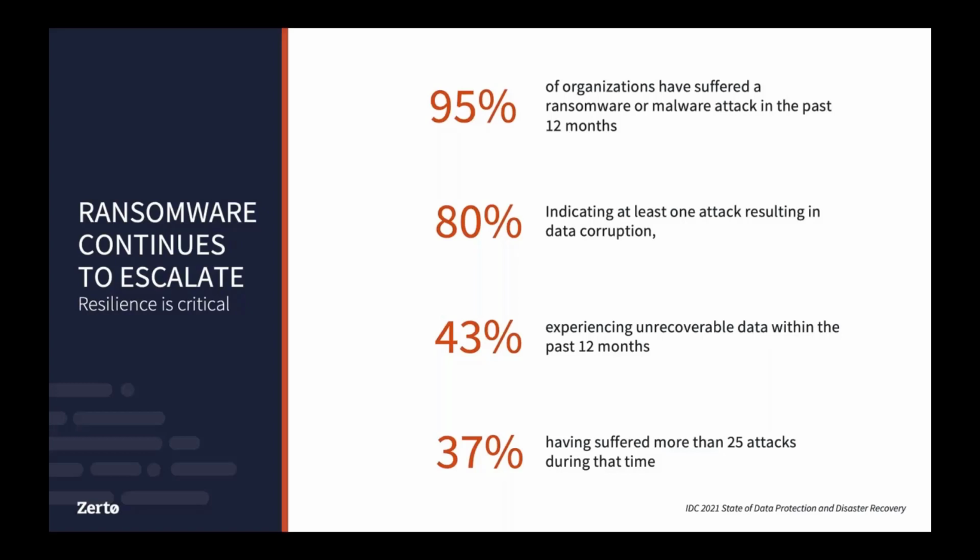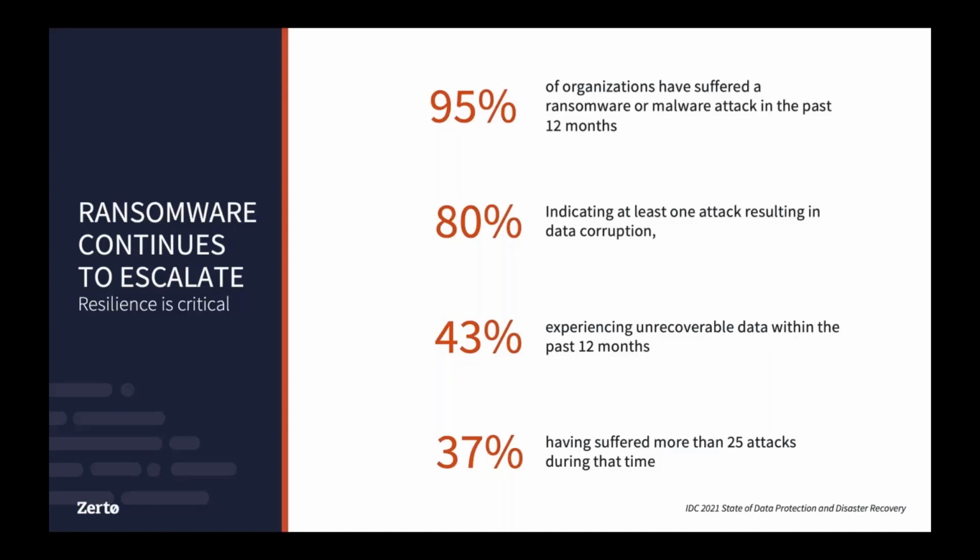The numbers that you see here are from a recent IDC study that we sponsored, and it is available for download on our website. It is a survey of 500 organizations. Out of that 500 organizations, 95% said that they'd suffered a ransomware or malware attack.